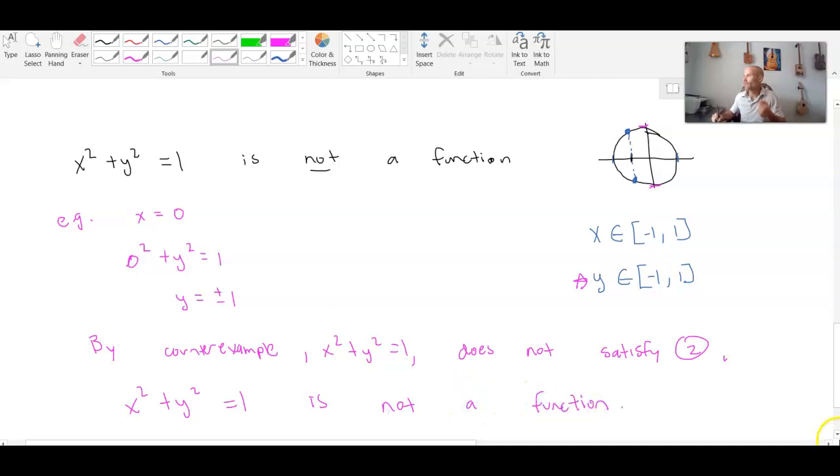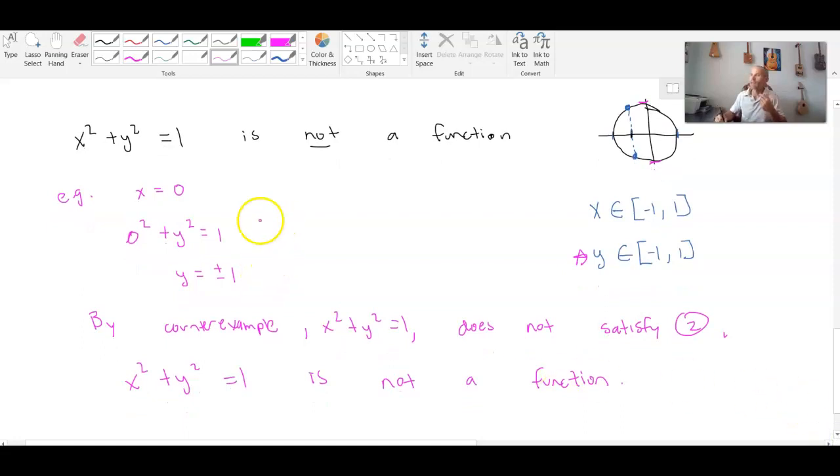How do we prove that something is a function? Showing that something is not a function is a matter of constructing what we call a counterexample. Counterexample means that it's an example that counters what it might be. So we're trying to counter the idea that this is a function by providing an example for the counter.